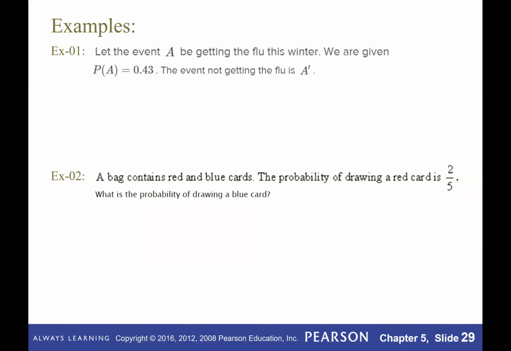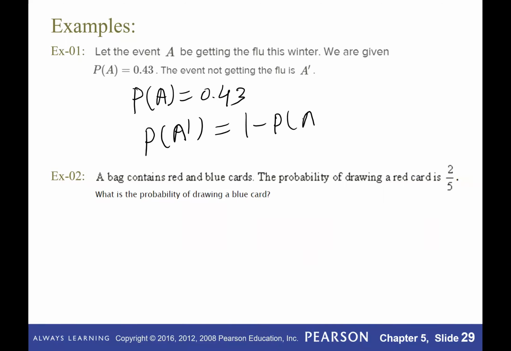The event of not getting the flu is the complement. So the probability of A complement is equal to 1 minus the probability of A. That means 1 minus 0.43, which is 0.57. This is the probability of not getting the flu, right?